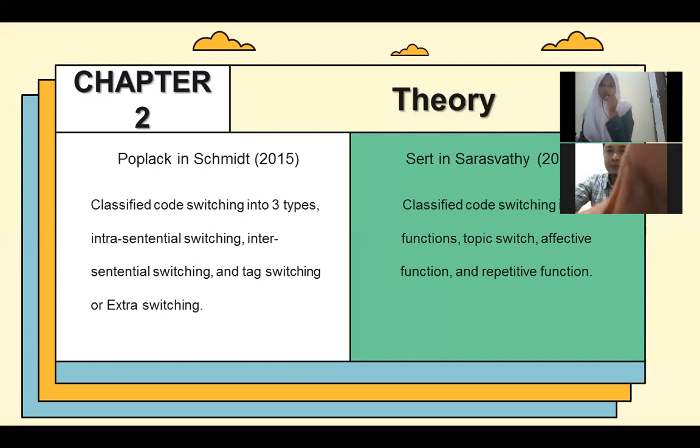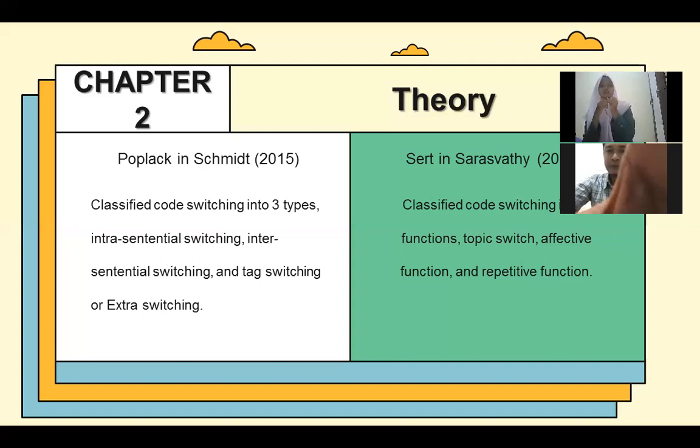In topic switch, code switching is used to improve language understanding through the topics described. And in affective function, it means the teacher does code switching to make students feel comfortable, or during learning, students do not feel bored, so that students and the teacher share affection during the online learning process.